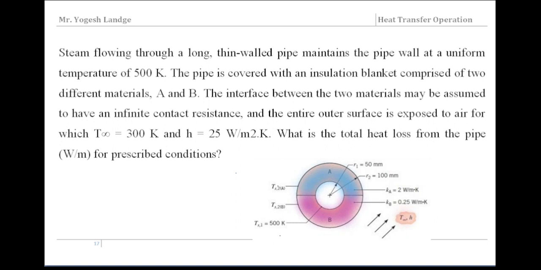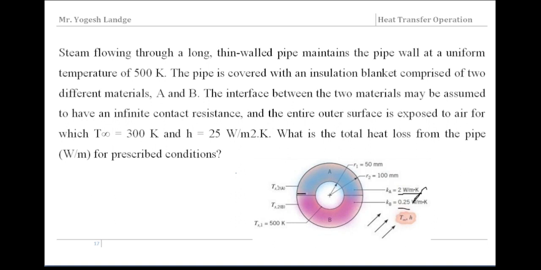The conductivity of material A is given as 2 watt per meter Kelvin, and the conductivity of material B is given as 0.25.